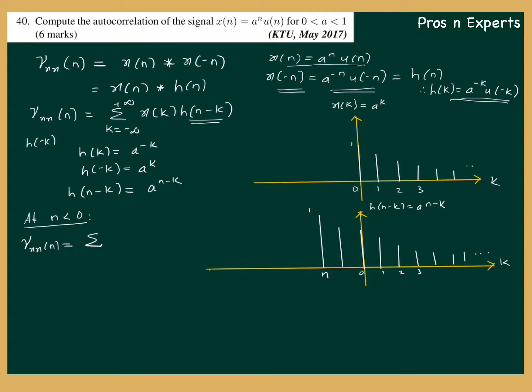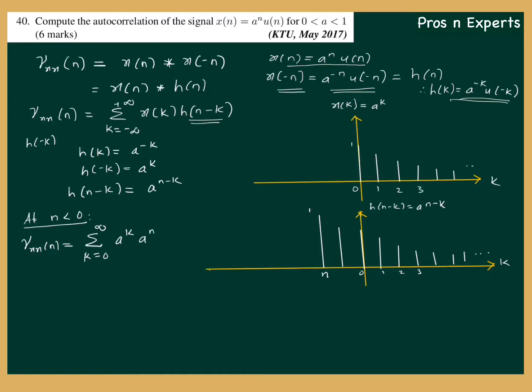So I can write it as sigma over k equal to 0 to plus infinity x of k into h of n minus k. What is x of k? X of k is a raised to k. We have calculated h of n minus k as a raised to n minus k.